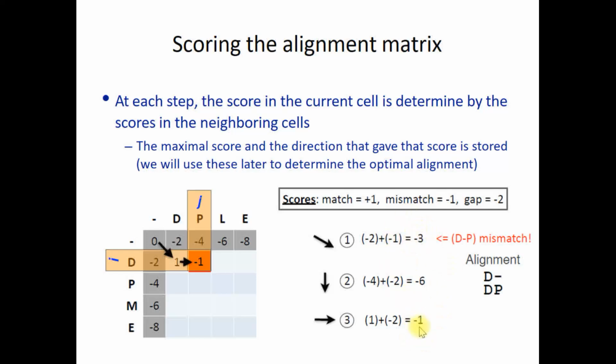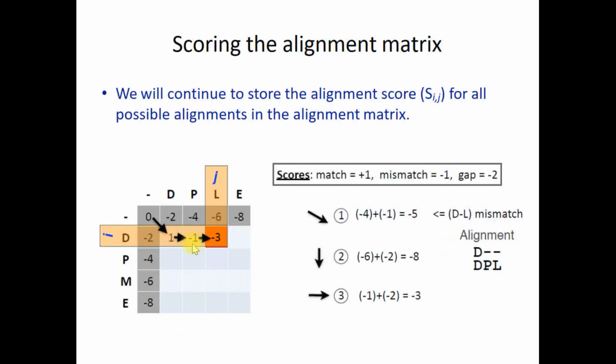Comparing these 3 numbers, -1 is the maximum, so we put a -1 here and use an arrow to label that this -1 comes from its left neighbor. So similarly, we put the highest score, -3, into this orange cell, and this is its corresponding alignment view.